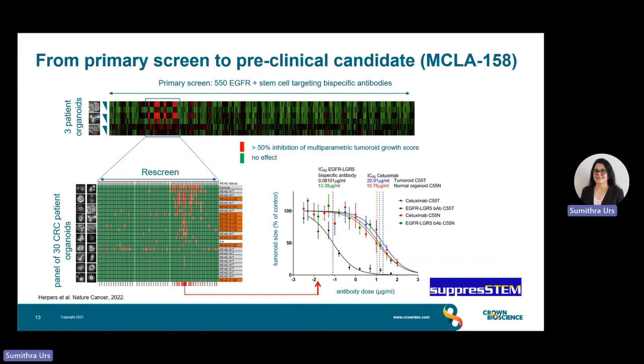From this approach, they identified MCLA-158, an LGR5 and EGFR bispecific antibody with potent selective growth inhibitory activity. This antibody specifically targeted EGFR degradation in LGR5 positive cancer stem cells, but showed minimal toxicity towards healthy LGR5 positive colon stem cells, as shown here in this graph.